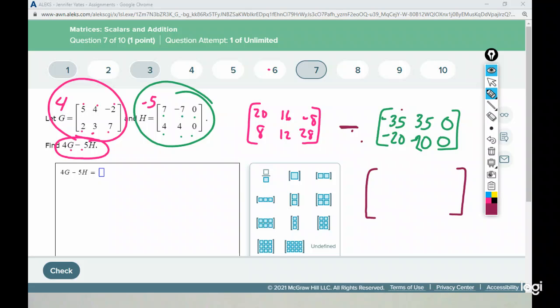So 20 plus 35 is 55. I've got 16 minus 35, negative 19. I have negative 8 minus 0. Then 8 minus a negative 20. 12 minus a negative 20 is 32. And 28 minus 0. 0. Oh, wait, no, it's not.